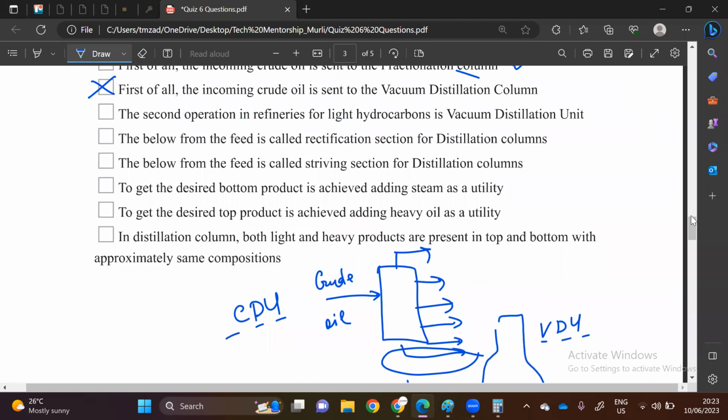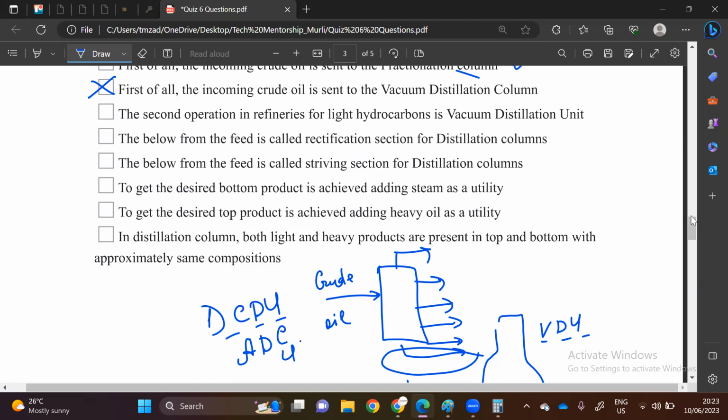In this distillation unit, we have additional process operations. That's why it's different from the atmospheric distillation unit. I want to mention it again. The first one is the crude distillation unit, or atmospheric distillation column.